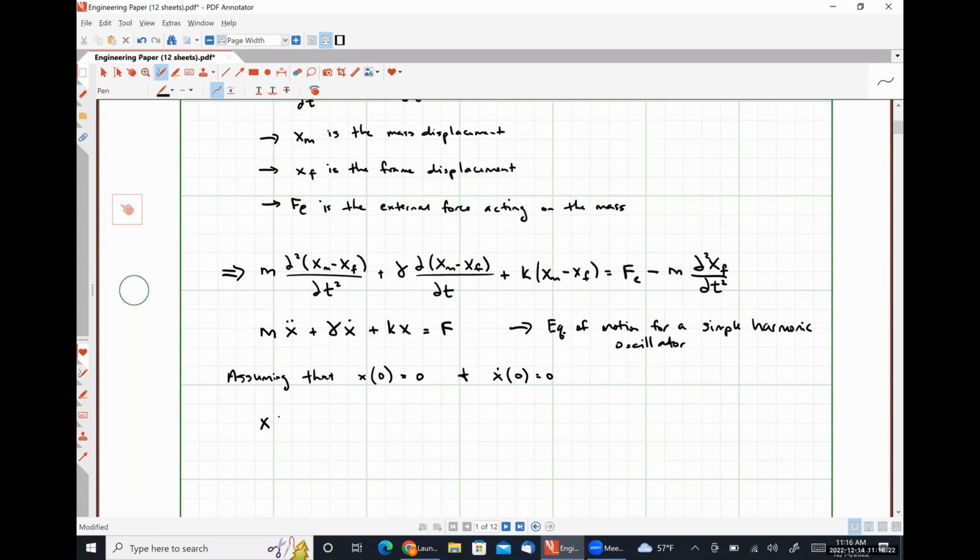And what we will find is that our displacement x is simply our total force divided by s squared m plus s gamma plus k.